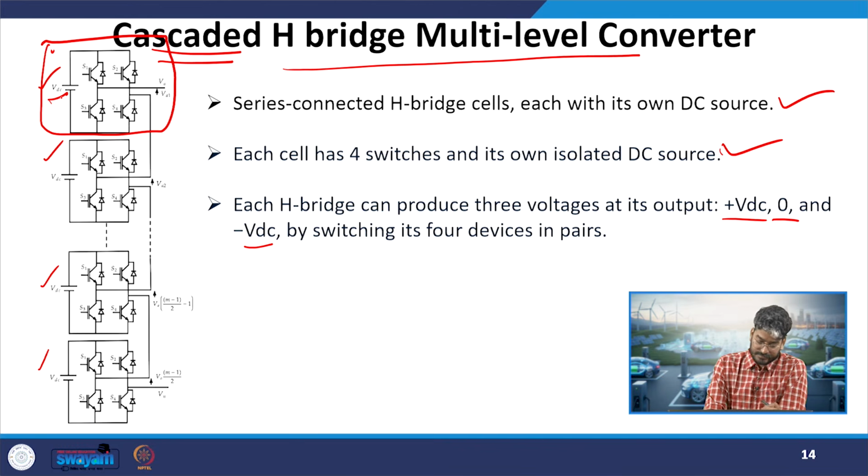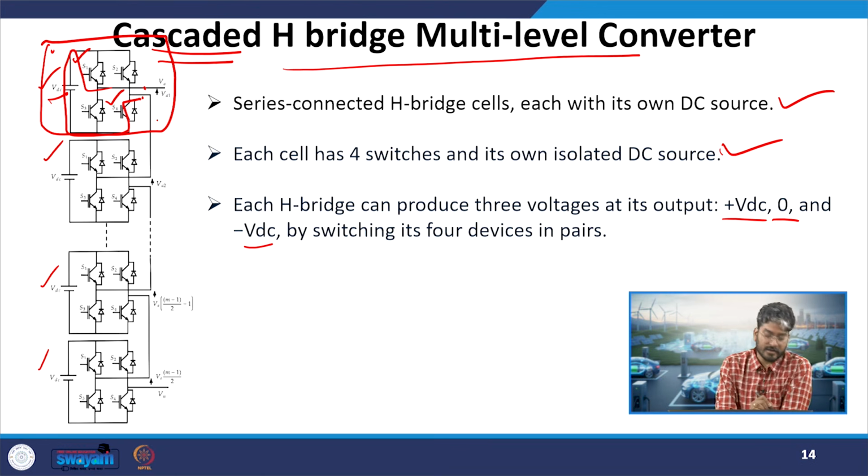Okay. So here is how this will generate our plus VDC. If I turn on S1 and S4, suppose from this upper H-bridge, if I give pulse to S1 and S4, I will see that the voltage between these two terminals will be equal to the battery voltage.